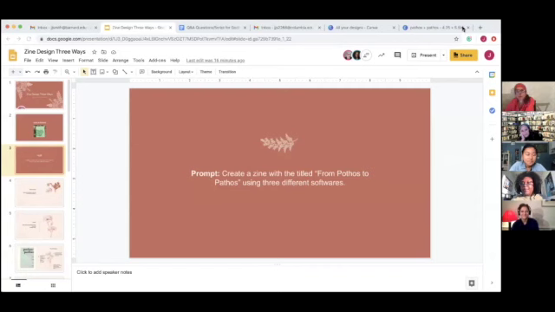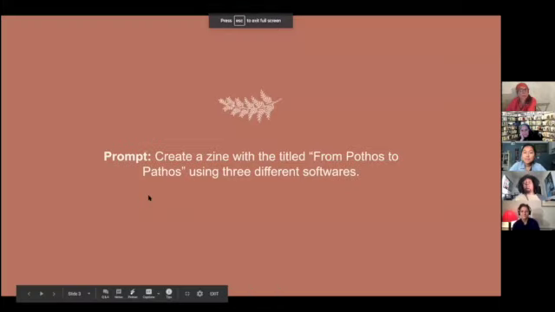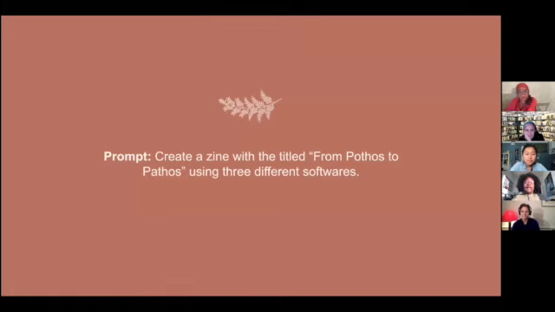Awesome. I'm so glad that we could do this. I'm going to go ahead and talk a little bit about our prompt and how we're going to organize our day. We want to create a zine with the title From Pathos to Pathos using 3 different softwares.